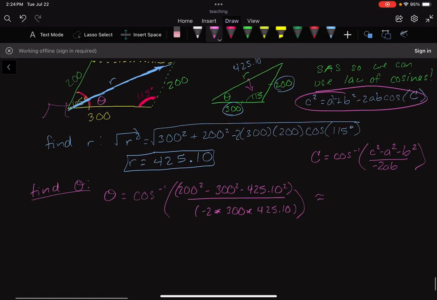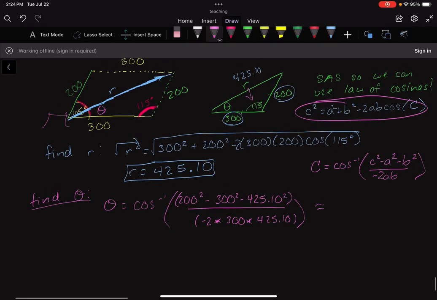What might have been helpful, and truthfully what I should have done, and what you should probably do as well, is writing it out with the actual angles and stuff before you put it in.